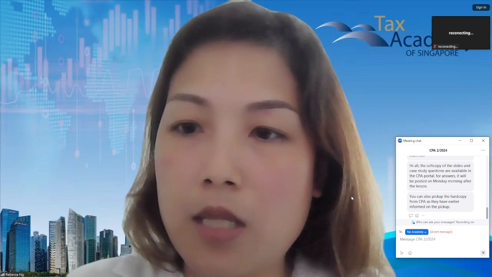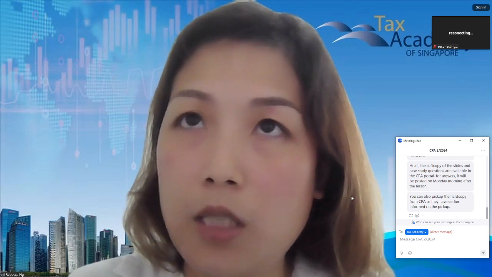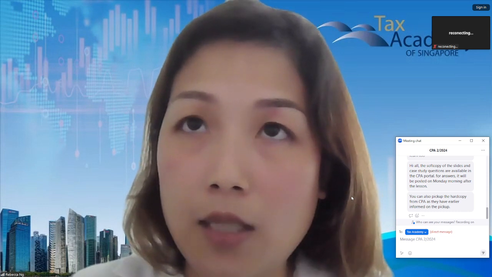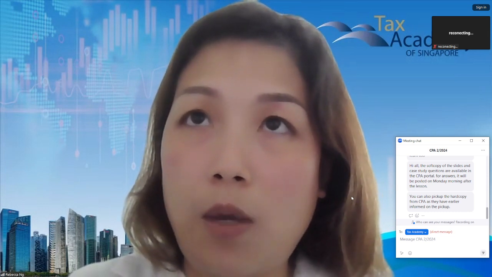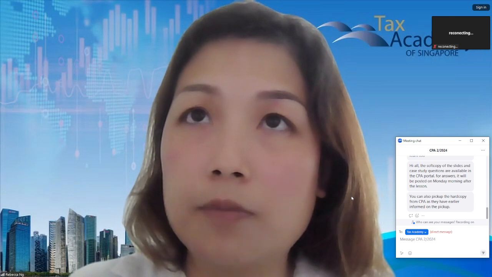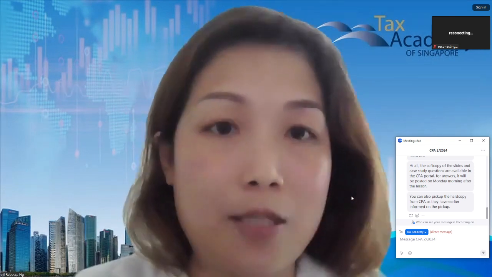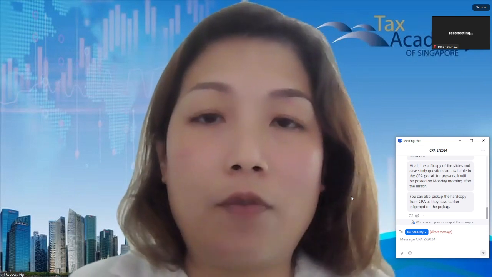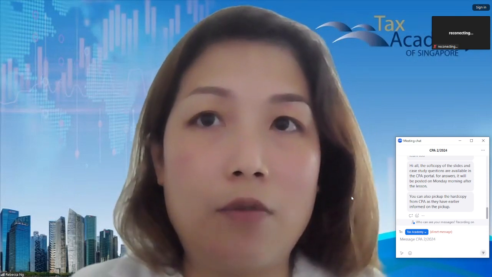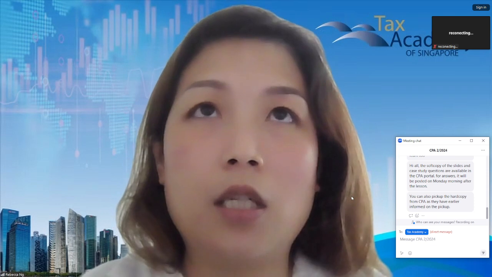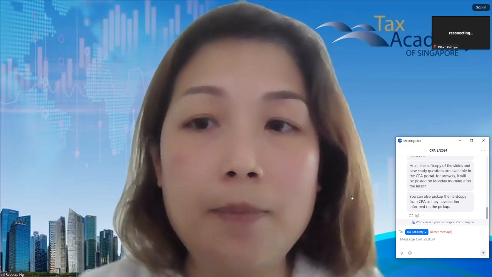So supplementary slides, like the investment holding company and the tax exemption, is more for your understanding to understand whether a company is a trading company that is also an investment holding company. And investment holding companies are companies that derive passive source income like dividends, rental, and interest income.